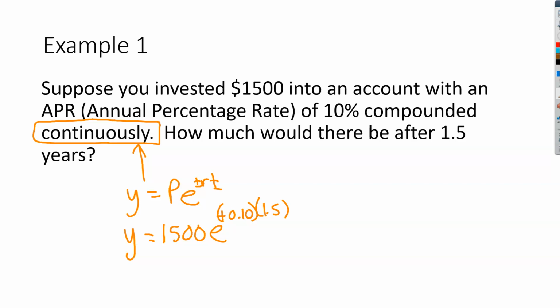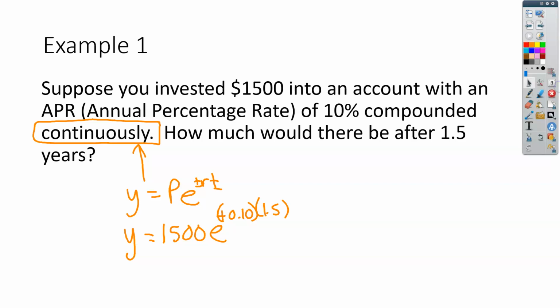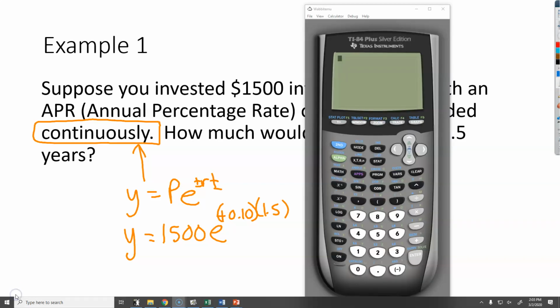Let's have you come grab a calculator if you don't already have one. I'll show you how to punch this into the calculator. You're going to push 1,500, and then we have to find the E button.